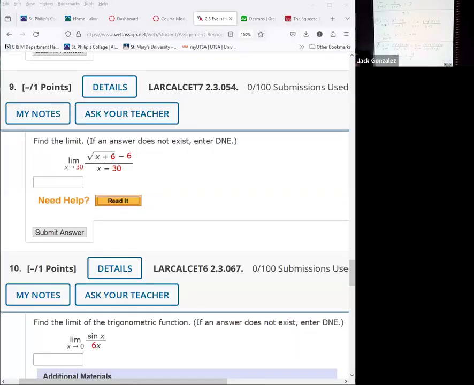Whenever you see a square root like this, it's going to be a conjugate approach. Okay. You're going to multiply the top and bottom by the conjugate of the part that has the square root. Do you guys remember what conjugate meant?